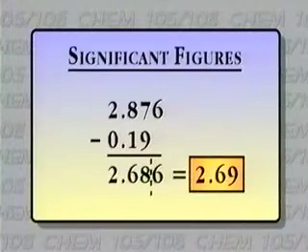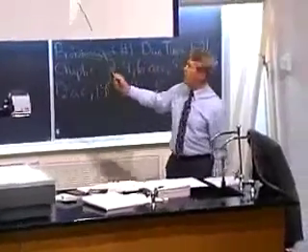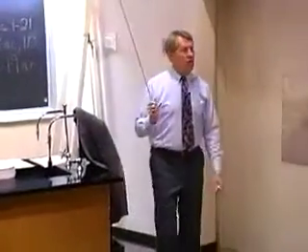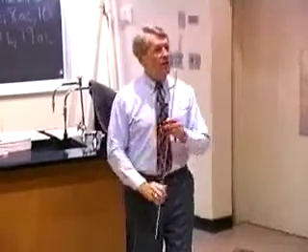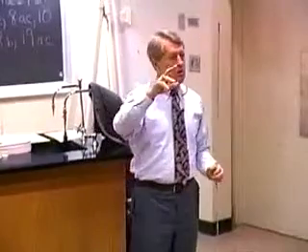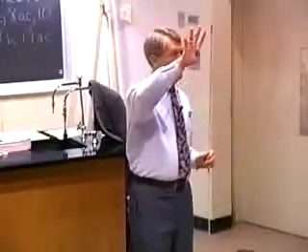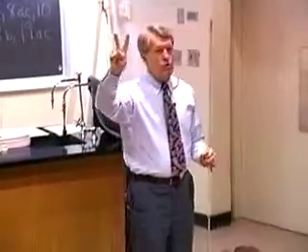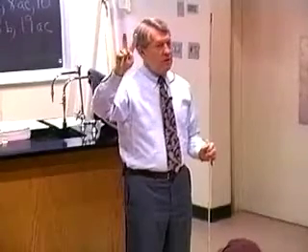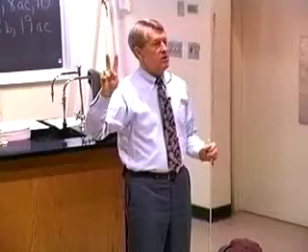Again, let me emphasize that in addition and subtraction, our answer may have more or fewer significant figures than the poorest number involved in the calculation. Notice we had 4 significant figures in the first number, 2 in the second. If it were multiplying or dividing, we would have been limited to 2 significant figures.